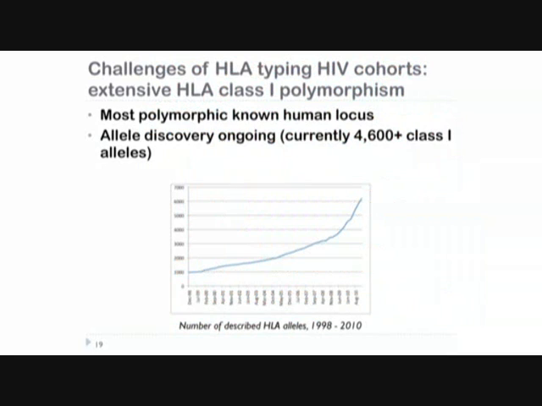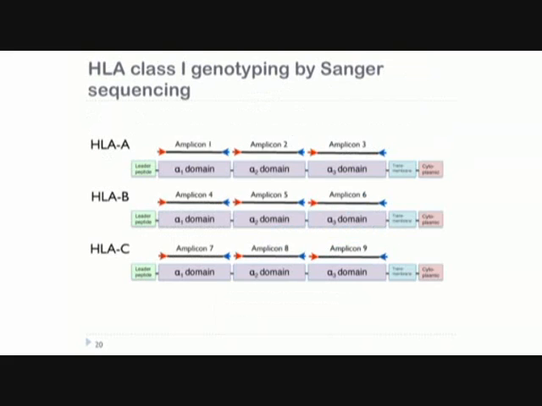As Shelby said earlier, the HLA class 1 locus is extraordinarily polymorphic. It's the most polymorphic genetic locus currently known, with more than 4,500 class 1 alleles. And the gold standard for determining which of these alleles are in an individual patient is to sequence them, to go into each of the individual domains of the HLA molecules and sequence them one at a time.